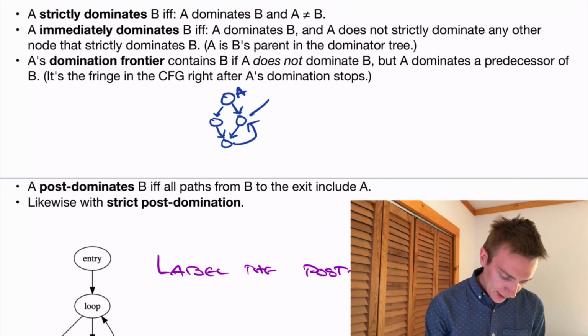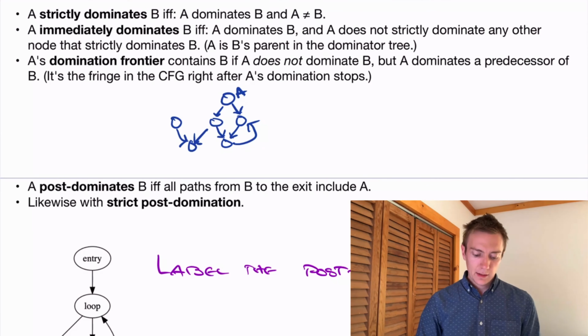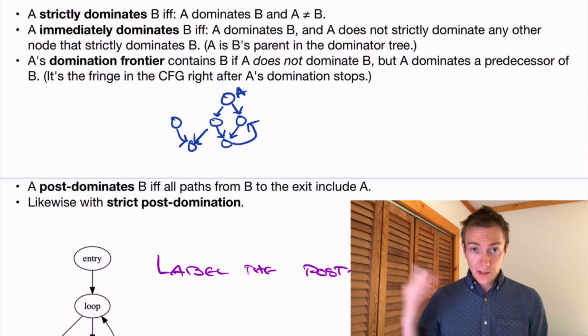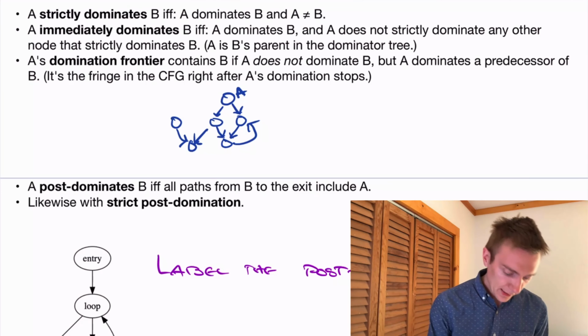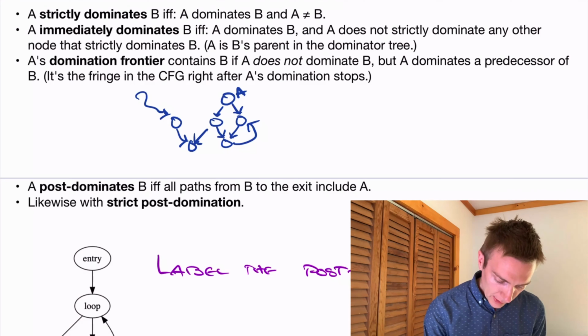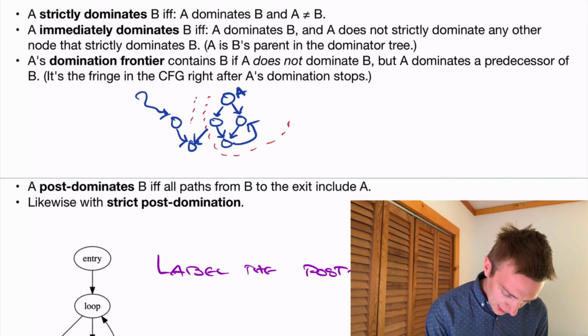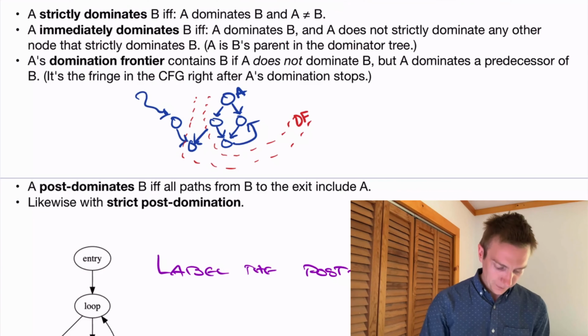As soon as you have some other node coming in, two nodes that follow in the control flow graph from A, that are reachable from A, then that node is no longer dominated by A. That is, this is coming from somewhere else entirely. This node here is not dominated by A, but it is in the dominance frontier. So if you want to think about it this way, the nodes being dominated by A form this region, and the tiny sliver of stuff just outside of that region is the domination frontier.